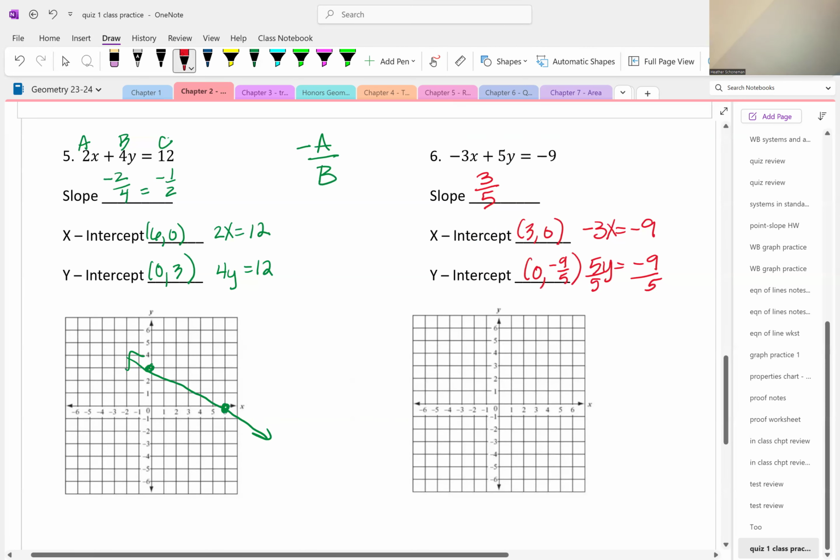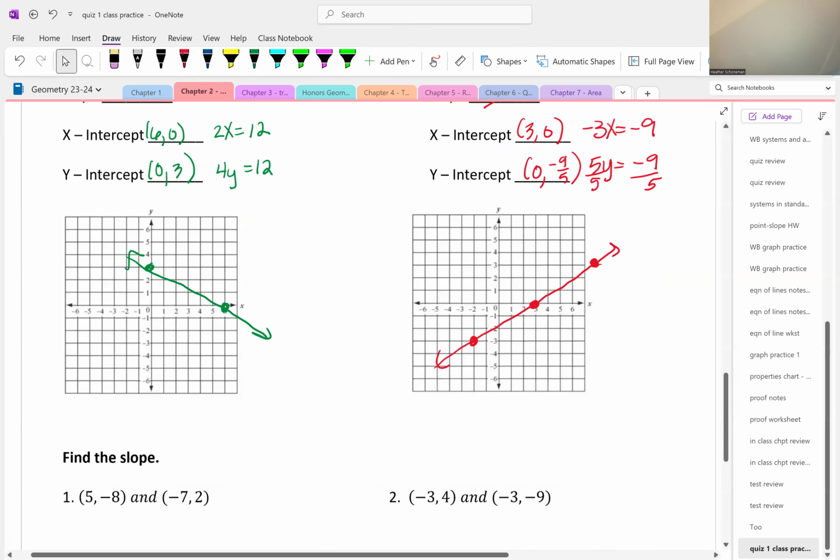Now, I don't want to plot a fraction, so I'm going to deal with the x-intercept of (3, 0), and from there, use my slope. So I'm going to go up 3, right 5. That will take me just a little off the graph. We'll just fake it right now. And then down 3 and left 5, and then my line looks like such.